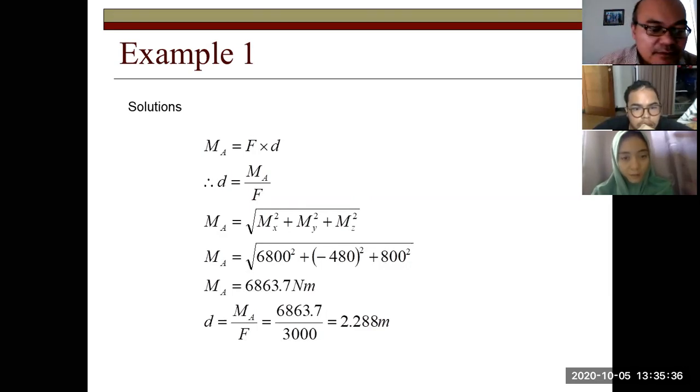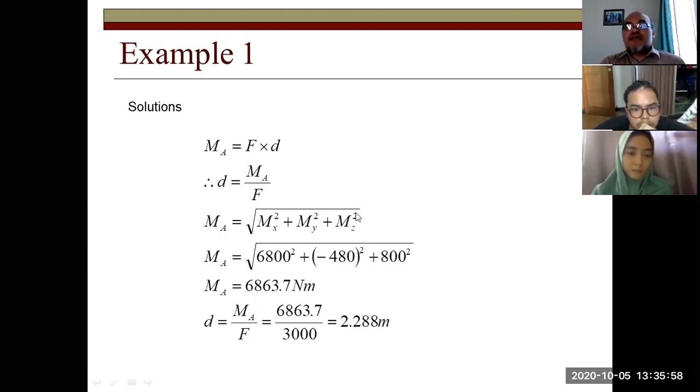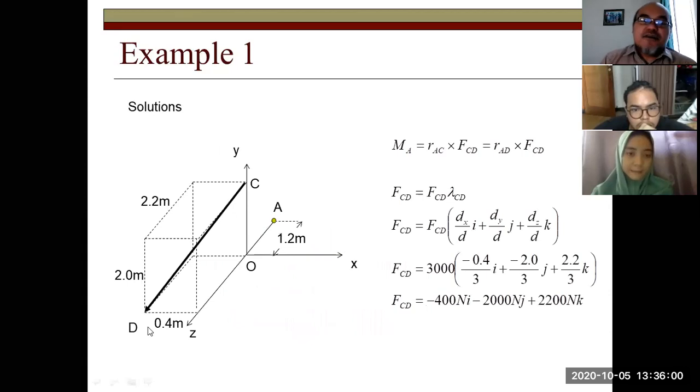The moment about point A equals the square root of that, and we obtain 6,863.7 Newton meter. Then the distance equals this moment divided by the force, 6,863.7 Newton meter divided by 3,000, where 3,000 is the force. So we obtain 2.288 meter, the shortest distance between the line of action of that force and point A.